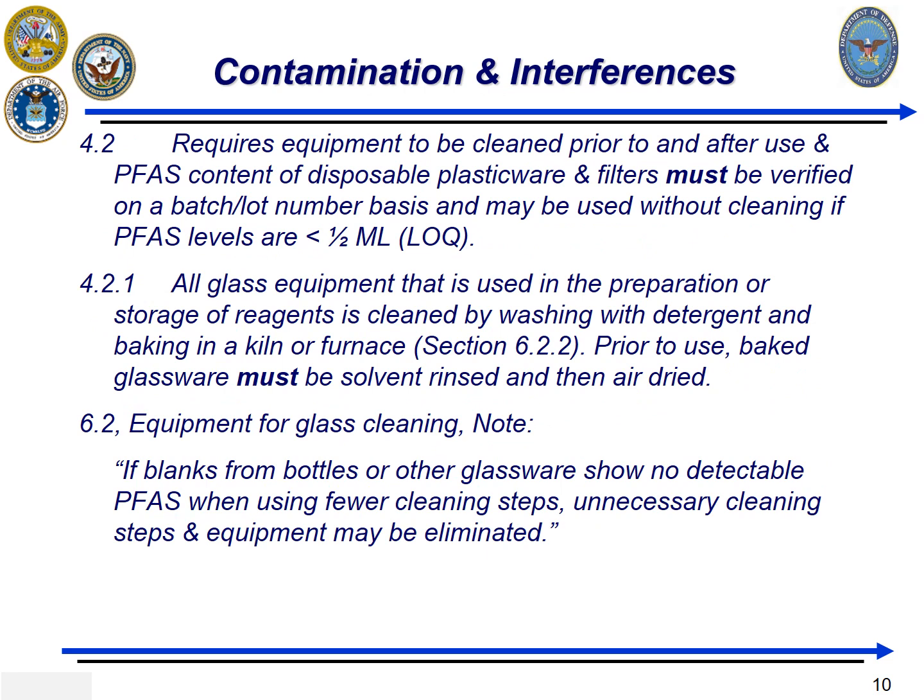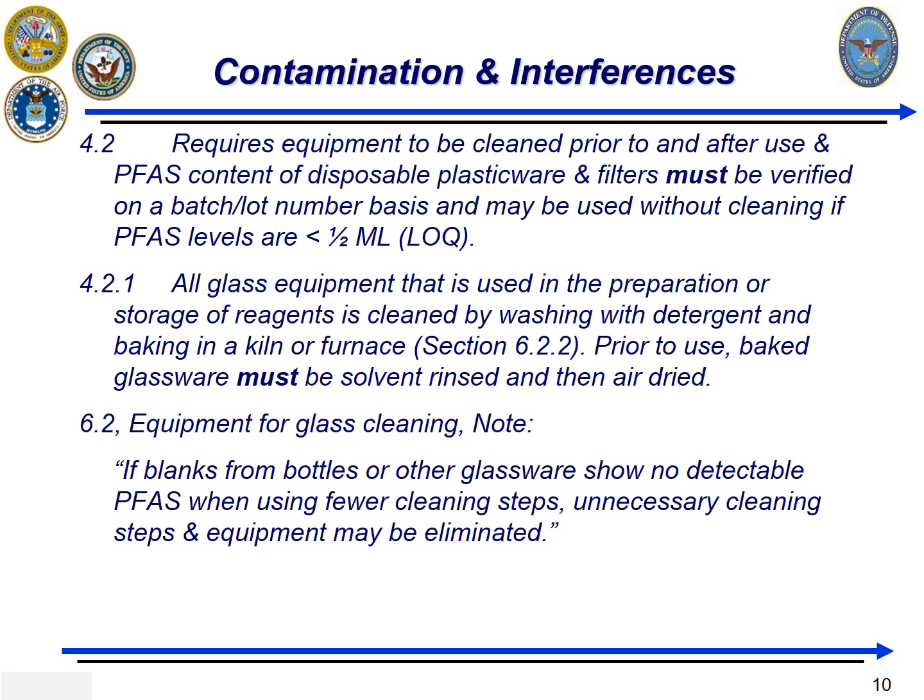The method requires equipment to be cleaned prior to and after use, and also requires the PFAS content of disposable plasticware and filters to be verified on a batch or lot number basis. If this verification demonstrates that the PFAS levels are less than 1/2 the method limit or limit of quantitation, then this equipment can be used without cleaning.